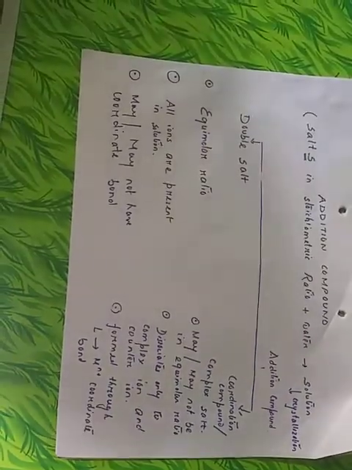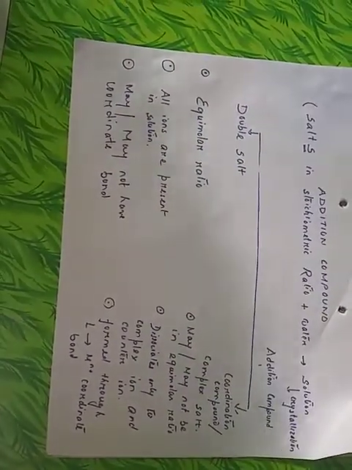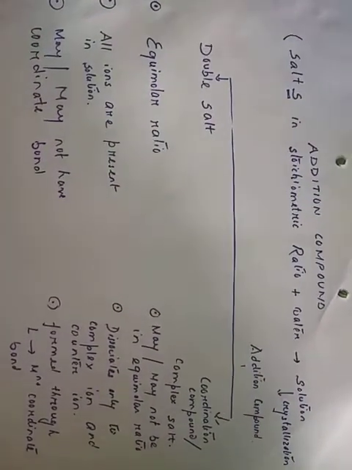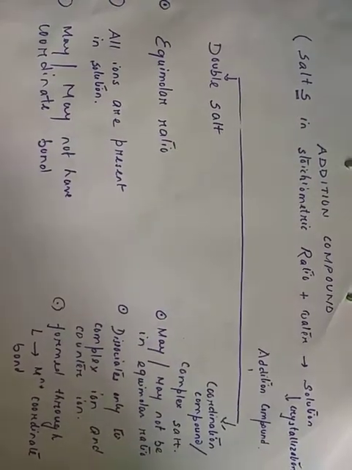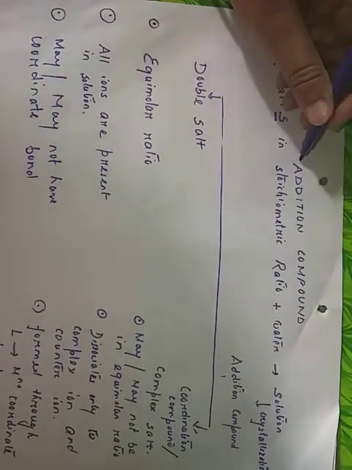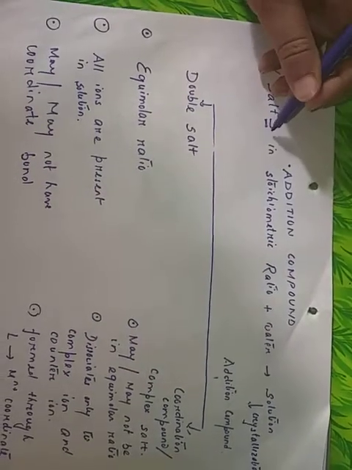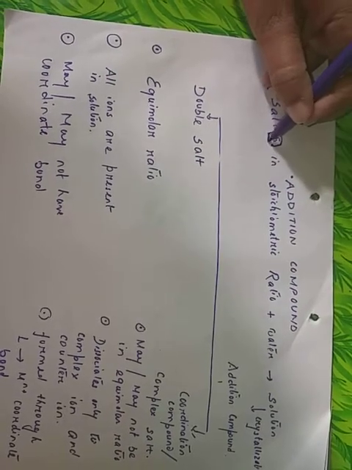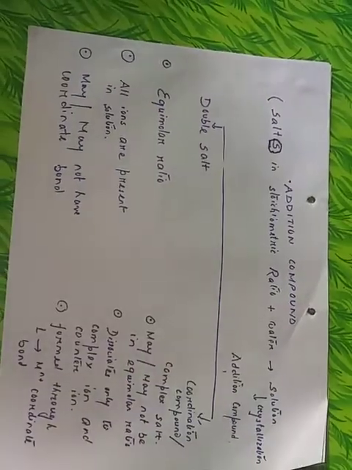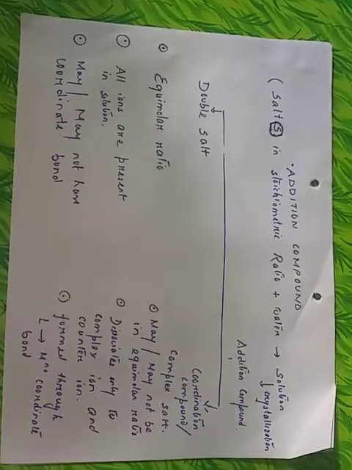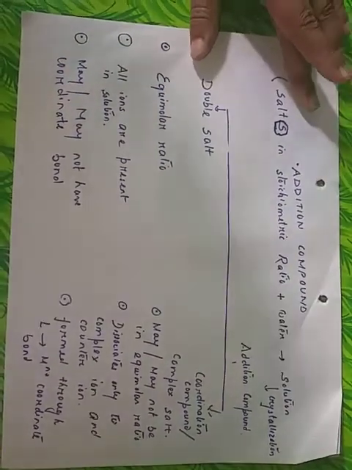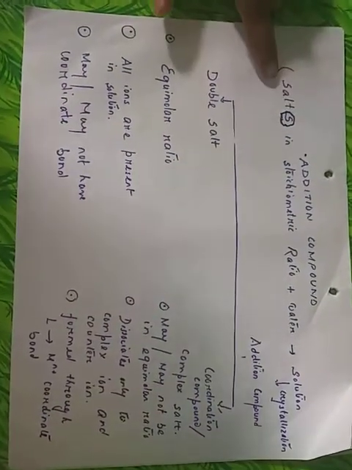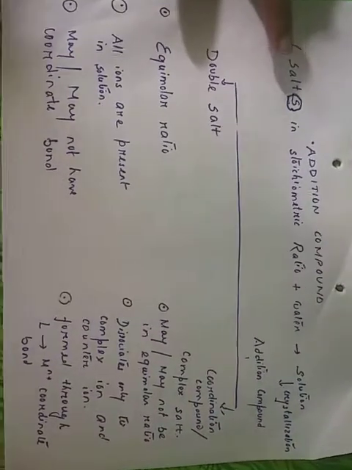Now let's start with the first topic: what is the difference between a double salt and a complex salt. First, this is called an addition compound. It is formed when we take two or more compounds, which might not always be salts; one might be a salt and another could be a gas.